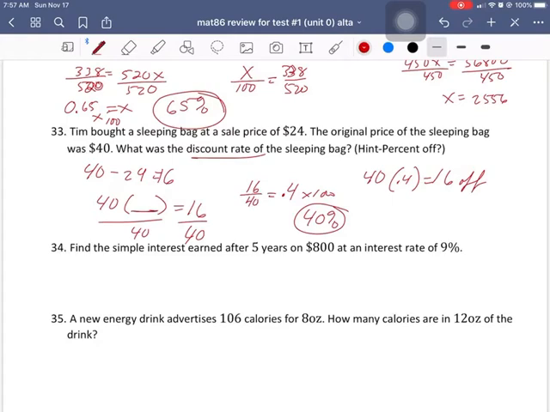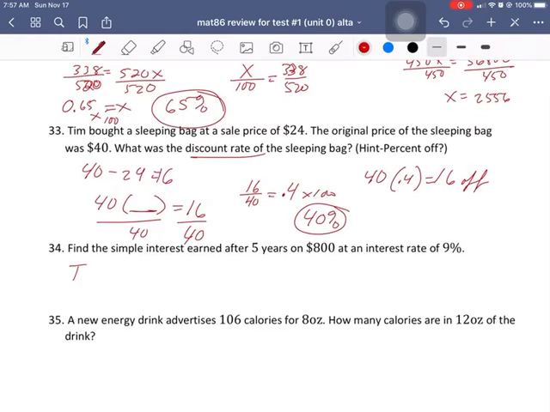Okay. Simple interest. Simple interest is I equals PRT. Principal, rate, and time. Principal is the amount of money you start with. Rate is always your percent turned into a decimal, and time is the number of years. And that gives you the interest. That doesn't give you the new balance. That gives you how much interest you have made over time.